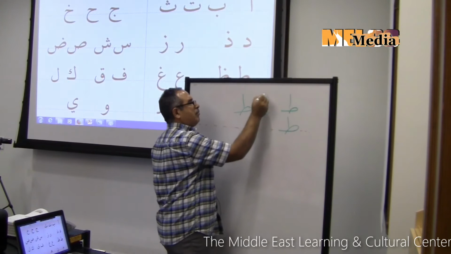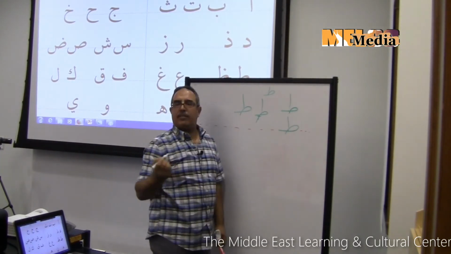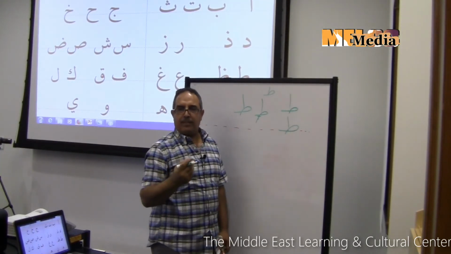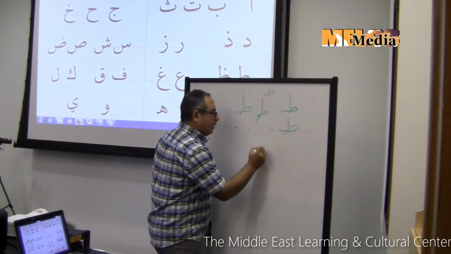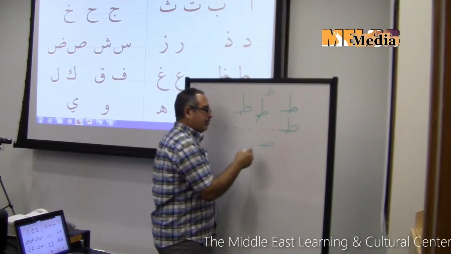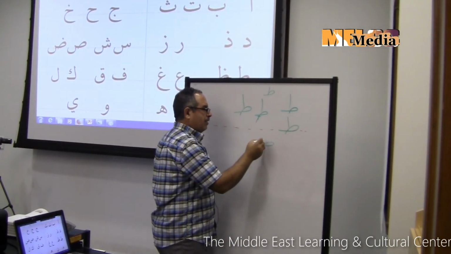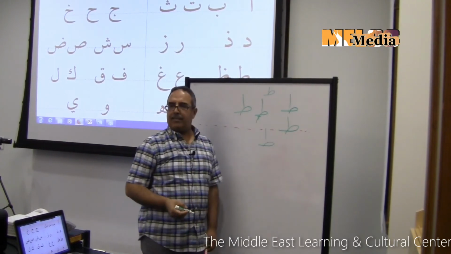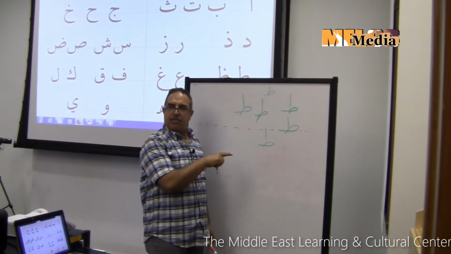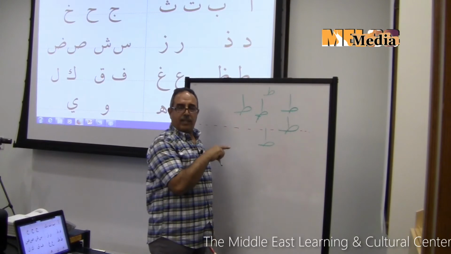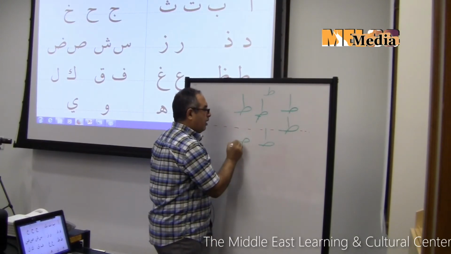The way you write it, some people write like that. Still good. So as long as you get the notch, whatever that is, and then this is the shape of the letter ta. That's how you write it. Ta.